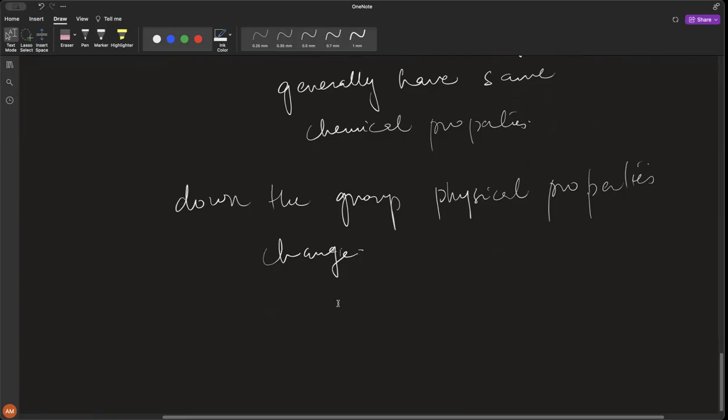Is this clear? We are going to go into detail of each of the groups, then we'll talk about it.